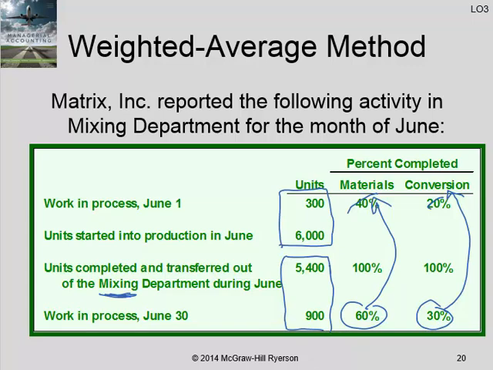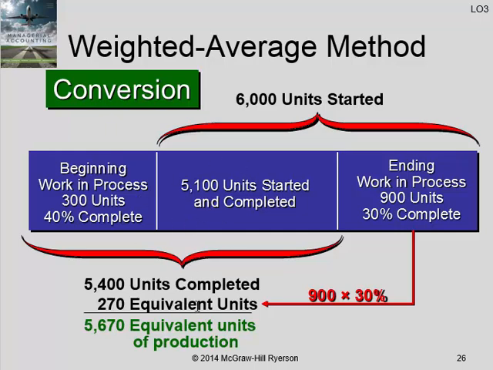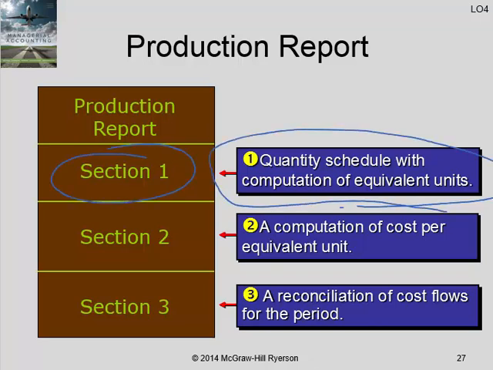And that's all this diagram here was. Okay, so that's with respect to materials. Exactly the same thing with respect to conversion costs, although different percentages because they don't necessarily have to follow one another. And so that is the information that's contained in this first section of our process costing production report, section 1.